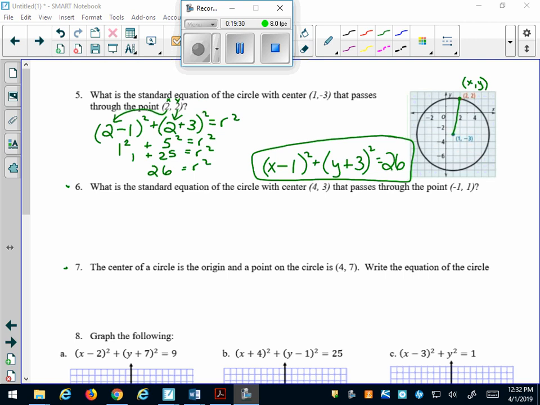Okay, so I meant do 6 and 7. For number 6, you should have (x - 4) squared plus (y - 3) squared equals, and then you plug this in for x and y. You end up with a radius squared of 29.